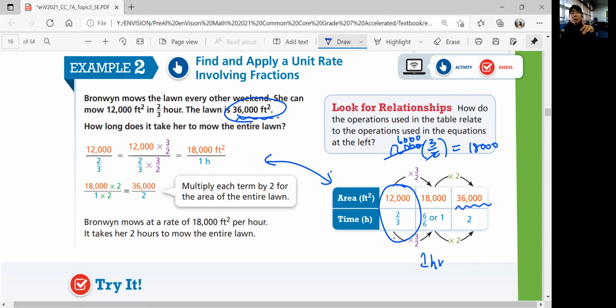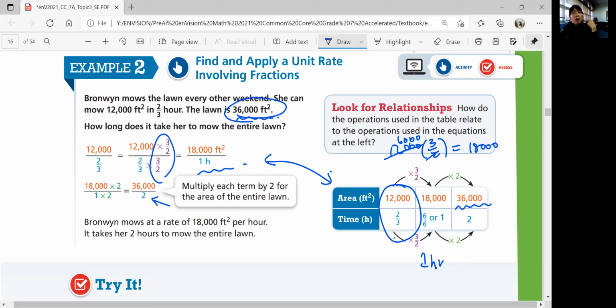So you can use the table to find the unit rate and then multiply or divide in order to get to your goal. If you look at the algebra here, we're doing the same thing. We're multiplying 3/2 in order to get the unit rate. And then from here, you're just multiplying by 2 in order to get 36,000 feet square. And that gives you 2 hours.